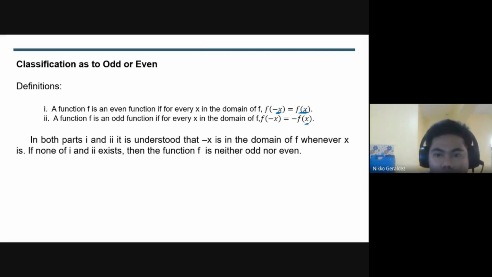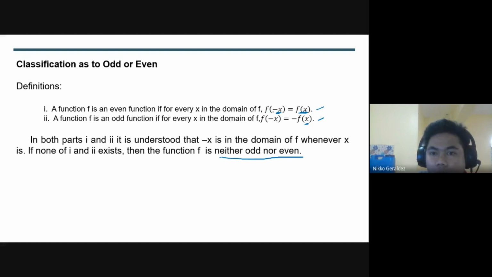So kapag in-evaluate natin yung function and hindi nasatisfy itong definition 1 or definition 2, the function is neither odd nor even. So odd, even, neither odd nor even.